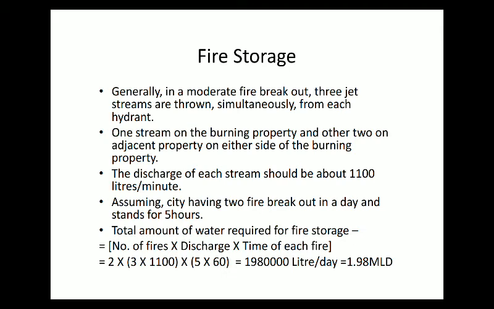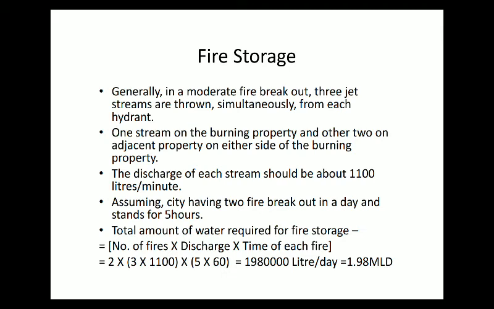So to control the propagation of the fire and extinguish the fire, 3 jets is very important. There might be a requirement of a few more jets, but a minimum of 3 jets is required.